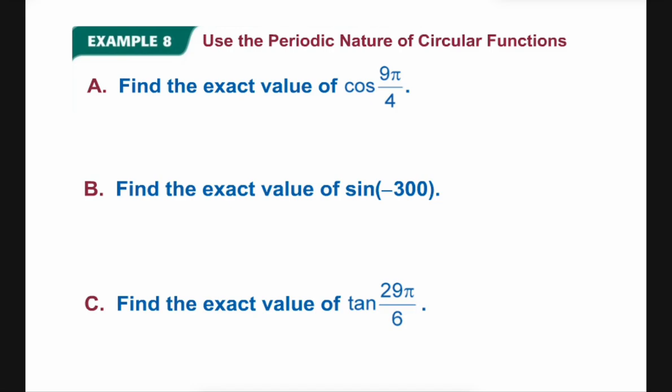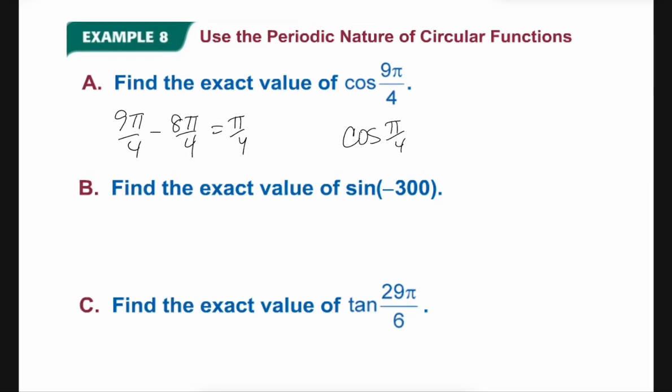If it's more than 2 pi, so 4 goes, 2 is 8/4. So 9 pi over 4, if I take away 8 pi over 4, just double that bottom, is 1 pi over 4. This is coterminal with pi over 4. So as long as I know where it lands, I'm golden. If I know where it lands, I know what to do.